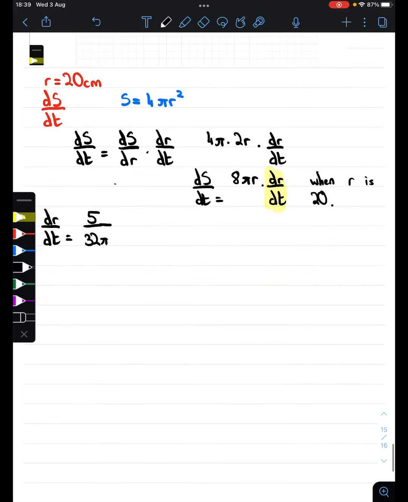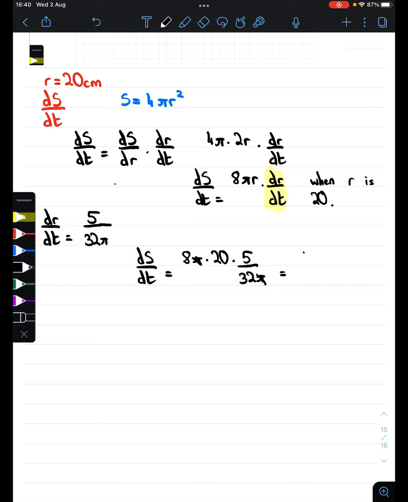Okay, so we can sub that in, and r is 20, so ds dt that we're looking for is 8 pi by 20 by 5 over 32 pi. And now the pi's will cancel, and we get 8 by 20 by 5 all over 32.